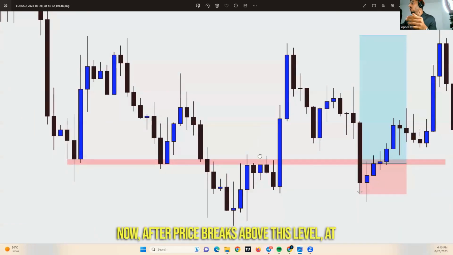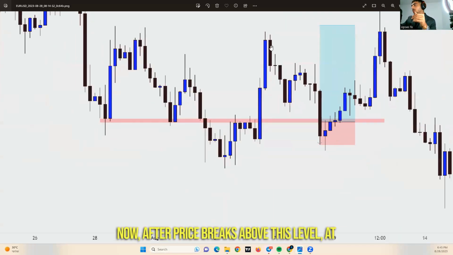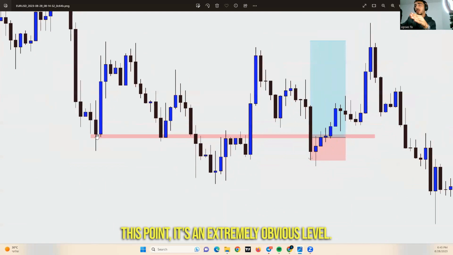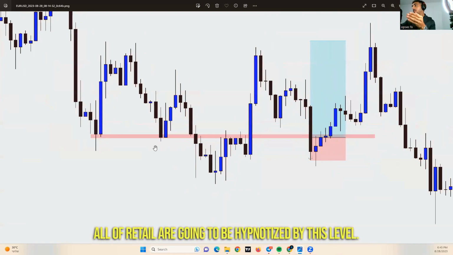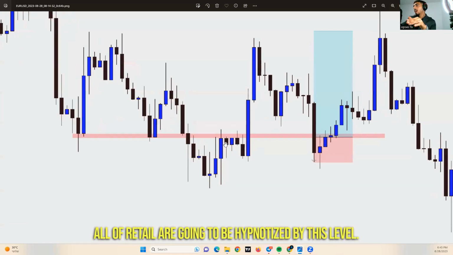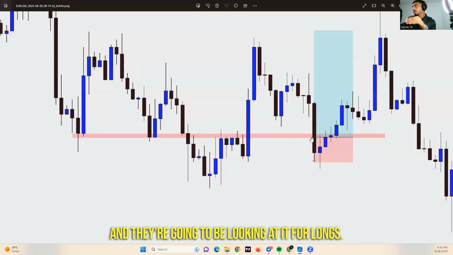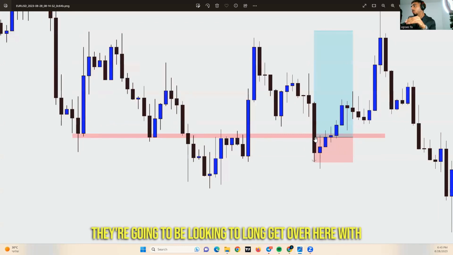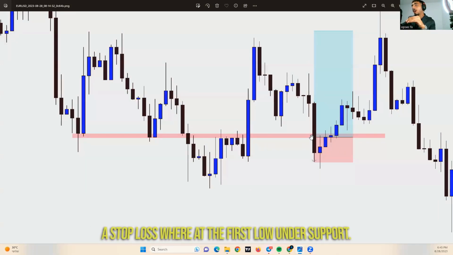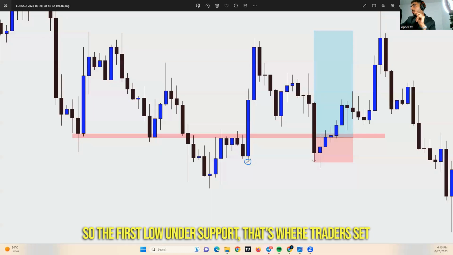Now, after price breaks above this level, at this point, it's an extremely obvious level. All of retail are going to be hypnotized by this level, and they're going to be looking to long it over here with a stop loss where? At the first low under support.